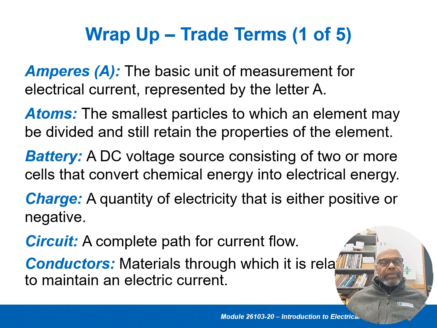Some terms we're going to talk about. Amperage is basically the speed of electrons. Atom is the smallest form. A battery is a direct current voltage source that comes from some type of chemical reaction creating the voltage, like your car battery.